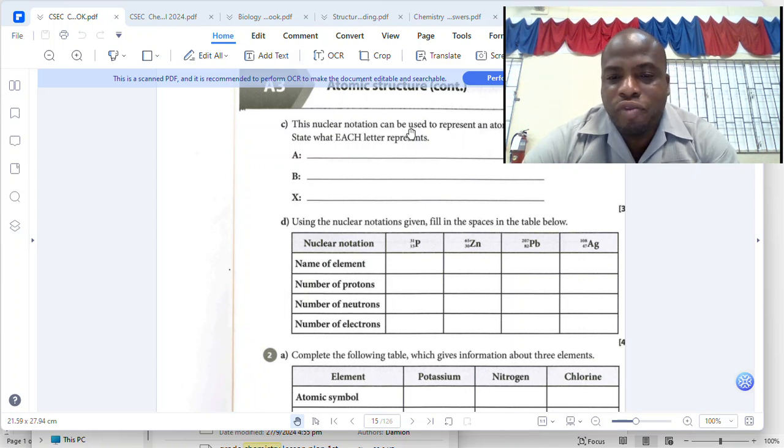Starting with the name of the element, P represents... You should know the first 20, but I want to make it clear, because some students have this misconception. When we say the first 20, it's for a specific question. The atomic structure question and the bonding question are where CXC will bring the first 20 from.